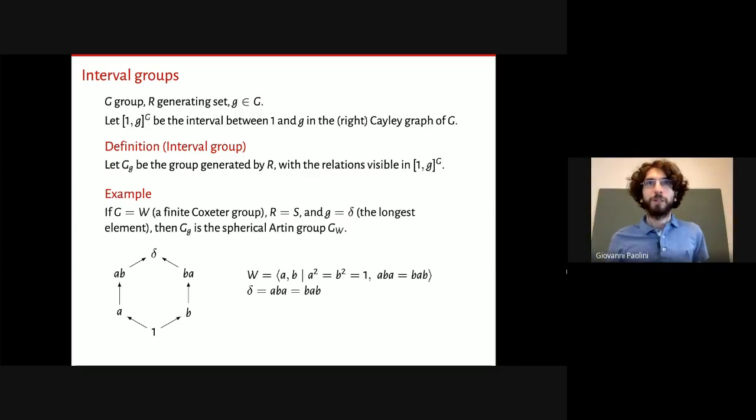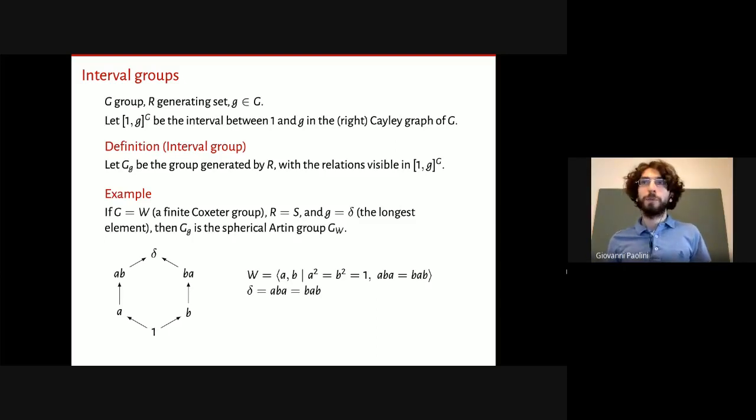We are going to see this in the example here. So the example that we are interested in is when you start from a finite Coxeter group. You use as the generating set the usual Coxeter generating set S, as before. And as the special element, you choose the longest element of the Coxeter group.